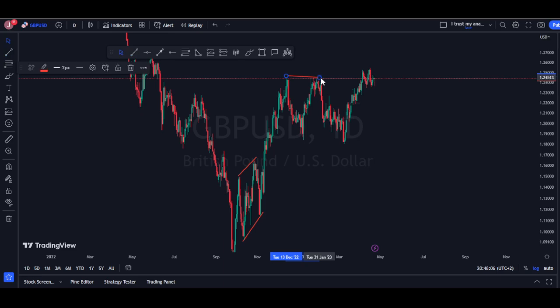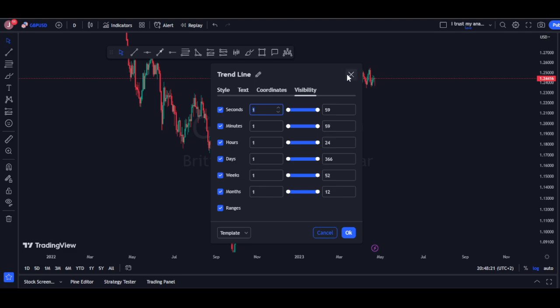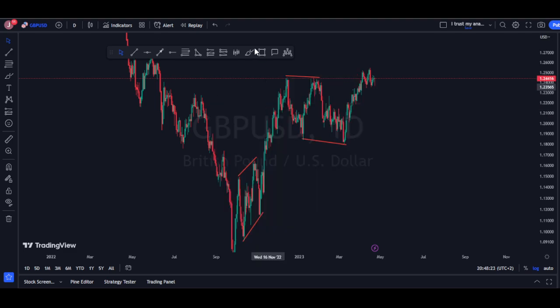This was the previous pattern we were focusing on, and actually we were just looking for this leg up to the upside.